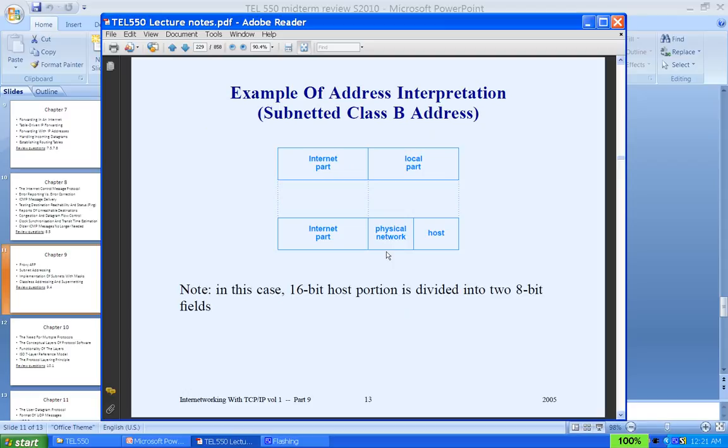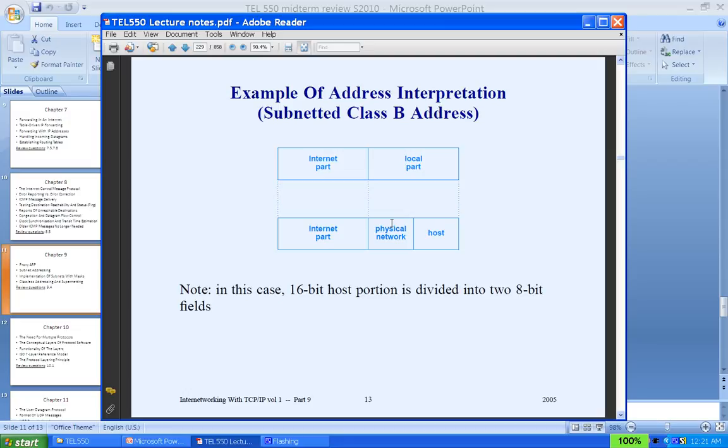In subnetting, we borrow certain bits from the original host address to build subnets. That means we divide a larger network into a certain number of smaller sub-networks.